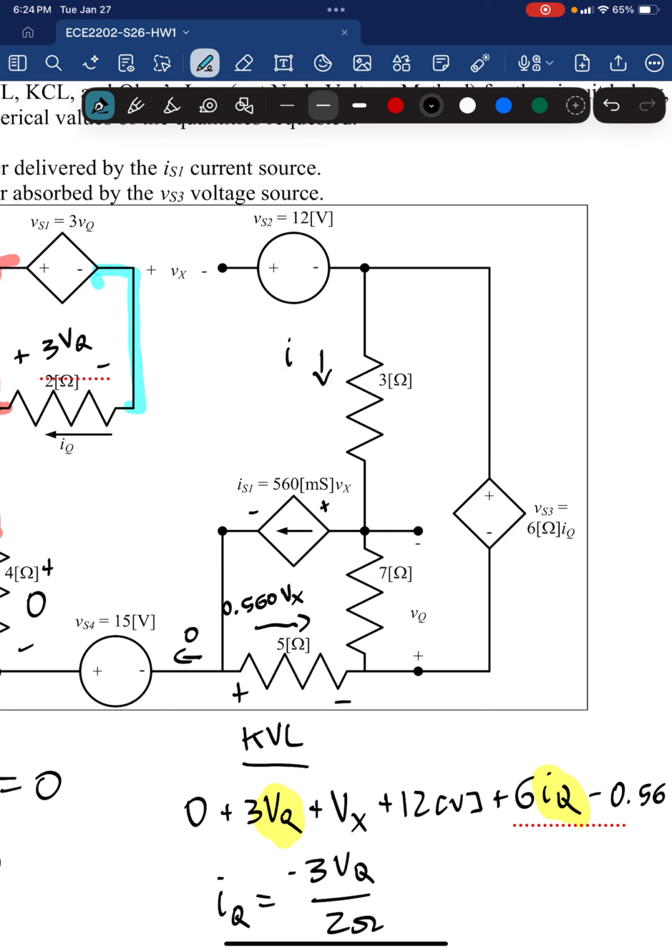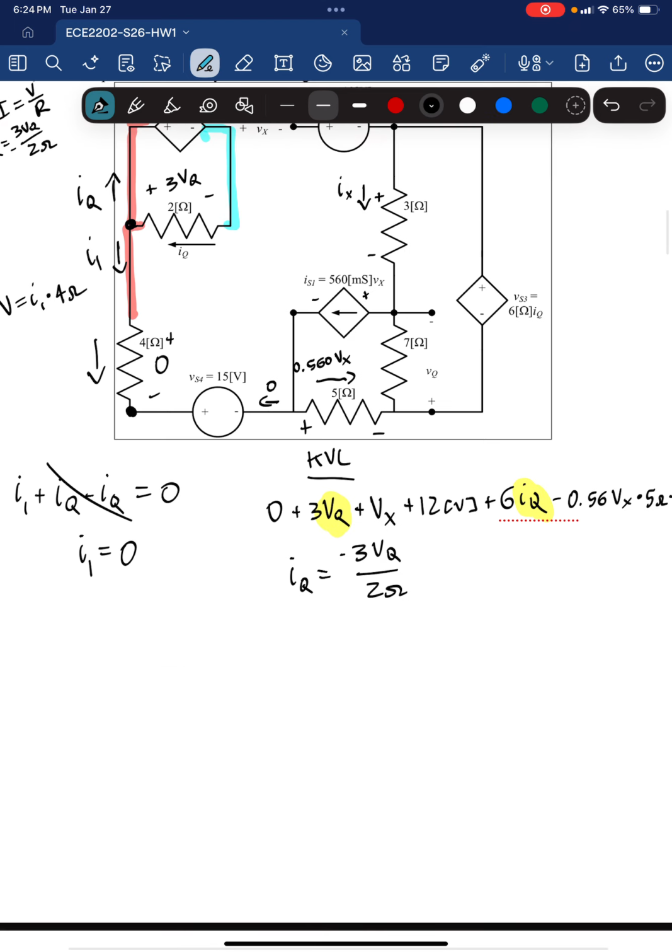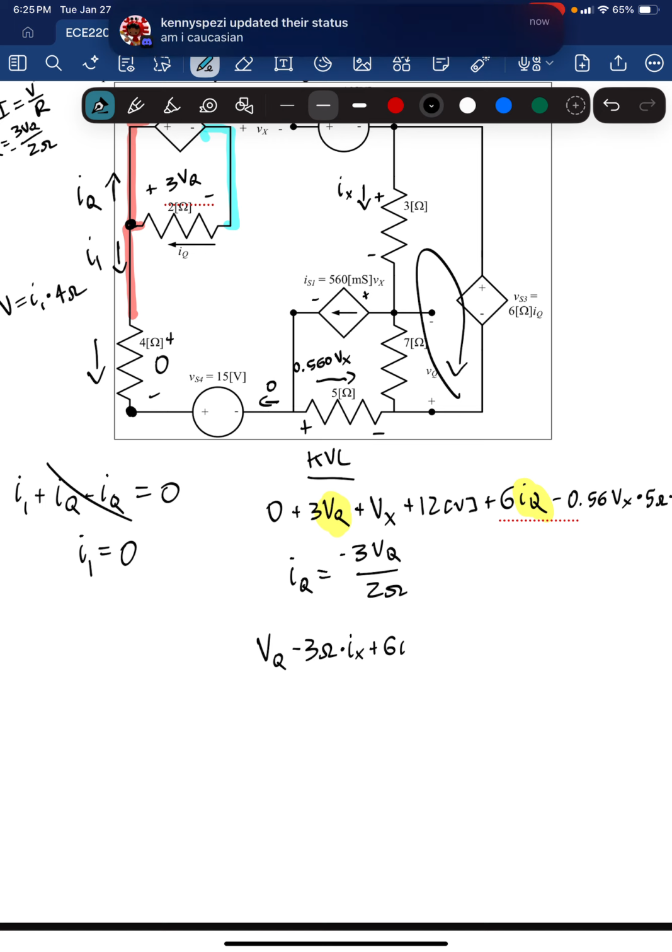Let's just call it Ix. So we have to define a new variable Ix, and I will label the corresponding polarity as such. And now let's just write out our equation for this KVL right here. It's going to be plus VQ minus 3 ohms Ix plus 6 IQ equals 0.